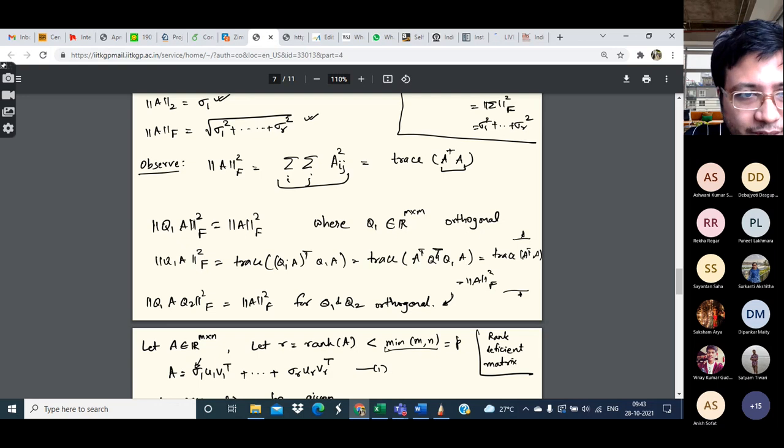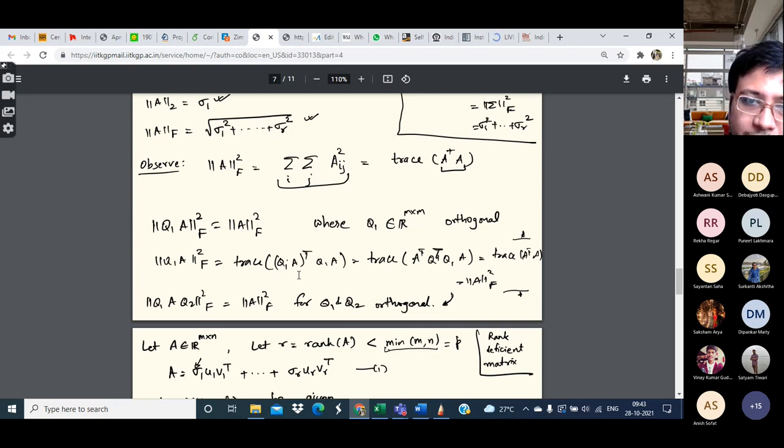If you consider any orthogonal matrix Q1, then the squared Frobenius norm of Q1A is equal to the Frobenius norm of A itself if Q1 is orthogonal.